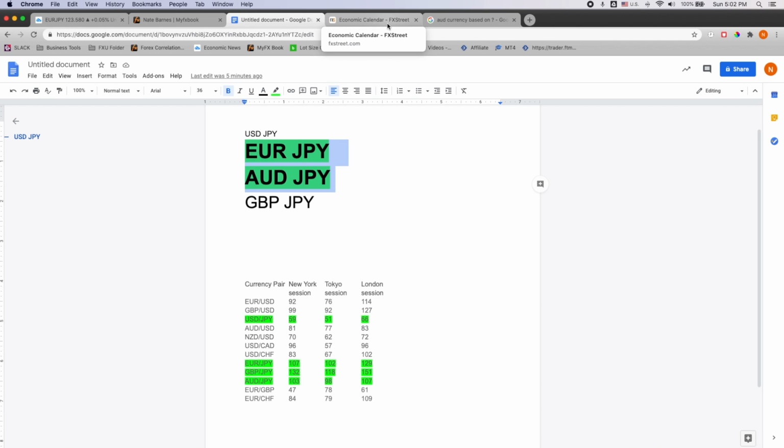So if you know that the euro is bullish, then you can buy the Euro JPY. If you know that the Australian dollar is overall bearish, you can sell the Australian Japanese yen pair with confidence, without looking for these huge retracements or fake outs or impulses.